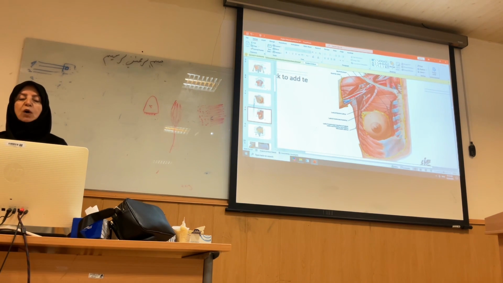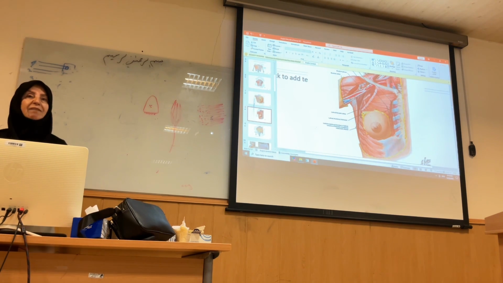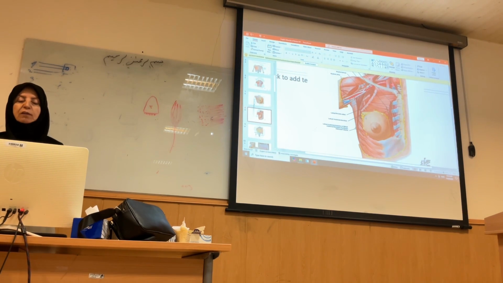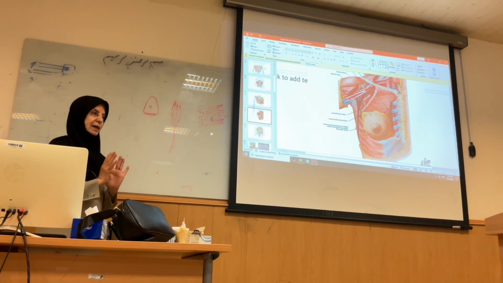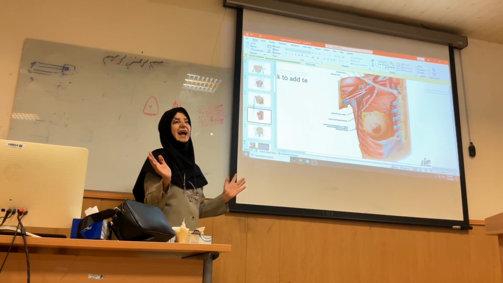Normally, when we want to show you the content of the brachial plexus, we remove the lymphatic nodes. You know, we have a lot of lymphatic nodes here. For example, if in a patient we have cancer of the breast, breast cancer in women commonly happens.